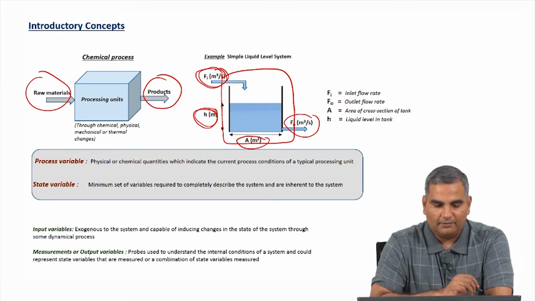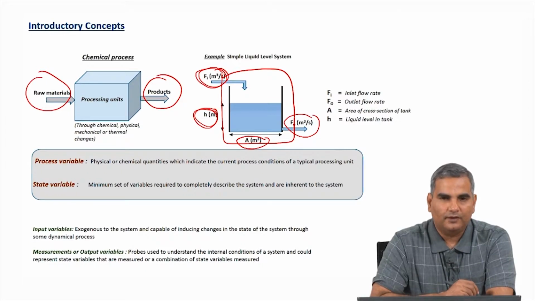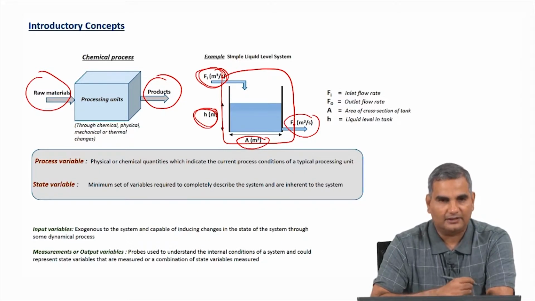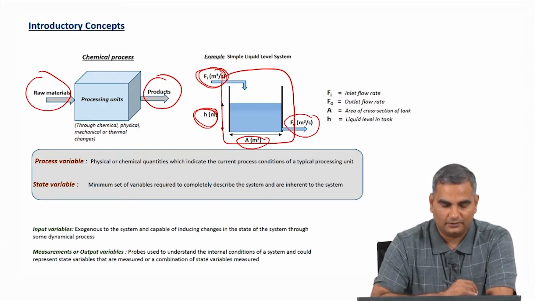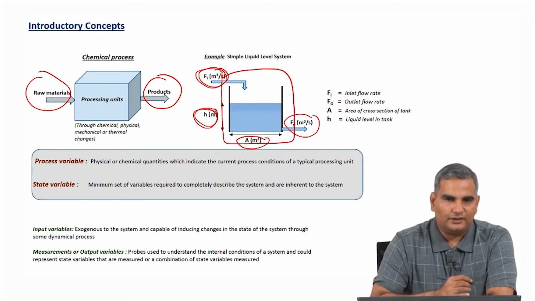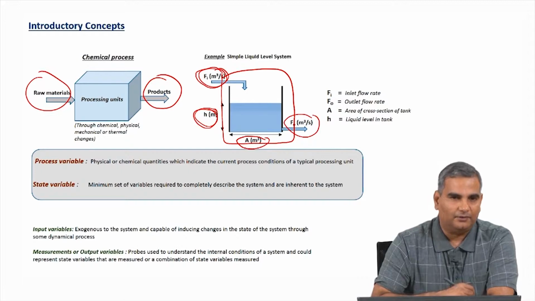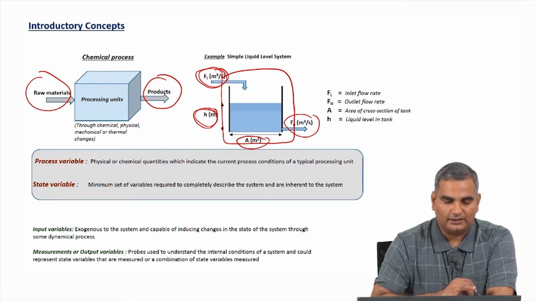Now, in this example there is only one state variable, but in other examples there could be more than one state variable, and in some examples there could be hundreds of state variables and so on. State variable definitions are not unique. If I have 3 state variables, I can come up with 3 equivalent state variables and so on. So, that is something that you should remember.